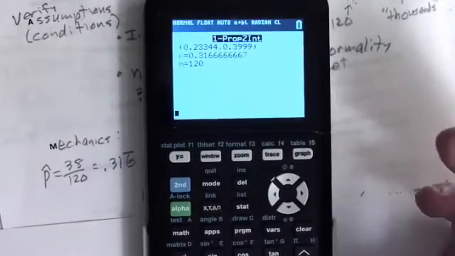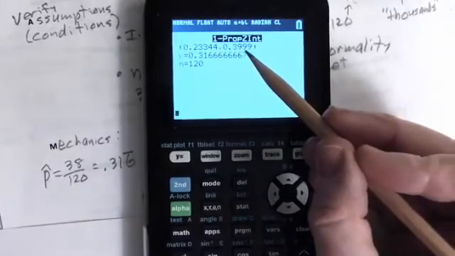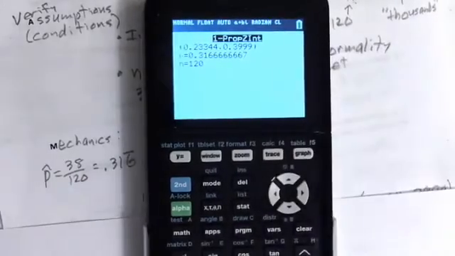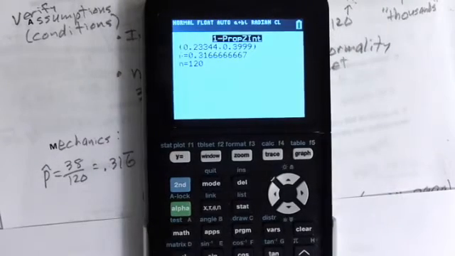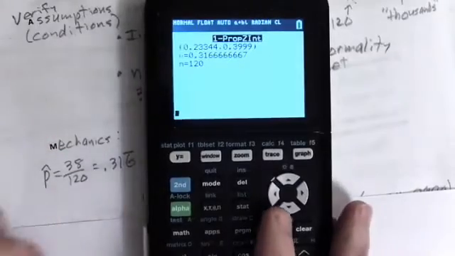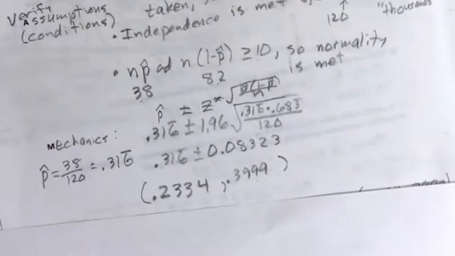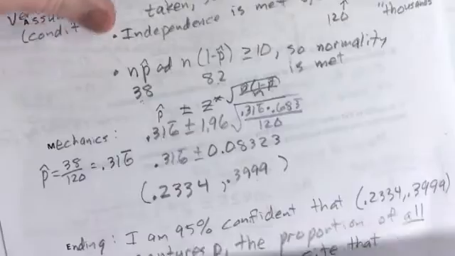And so we could find the margin of error just by subtracting, that minus that. And that'll be the margin of error, which is how far the interval goes out from the middle. And if you divided that by your critical value, it would give you your standard error. But anyway, that's how you use your calculator to do that.